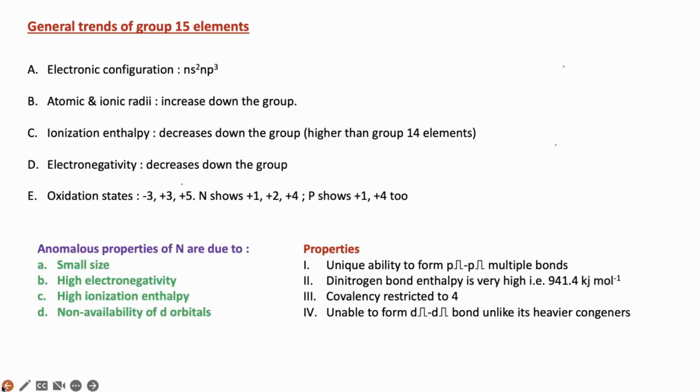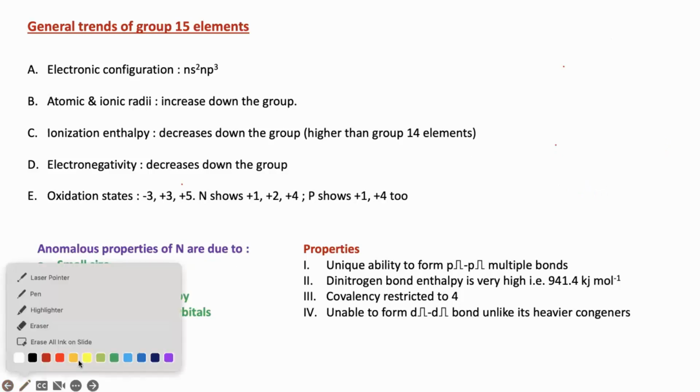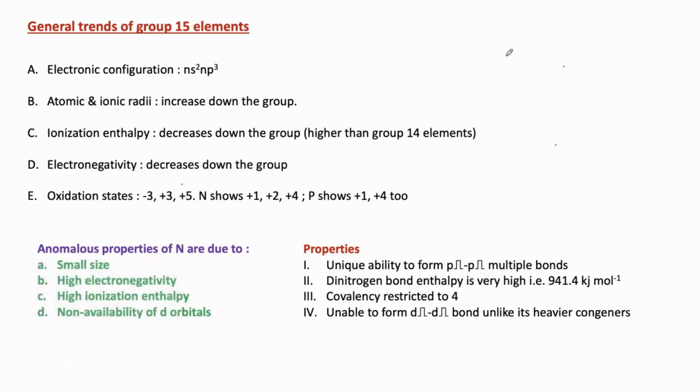Since nitrogen is the first atom in this group, it shows anomalous properties compared to the other group members, that is phosphorus, arsenic, antimony, and bismuth. So nitrogen has some strange properties, and these are the reasons why.